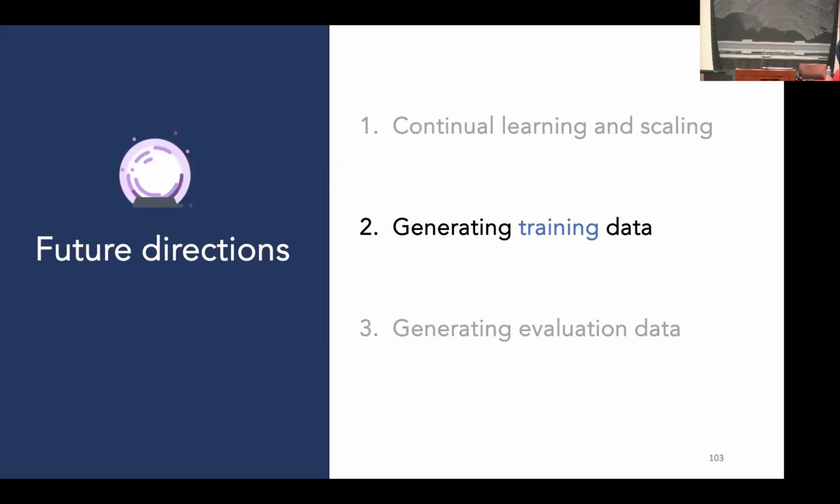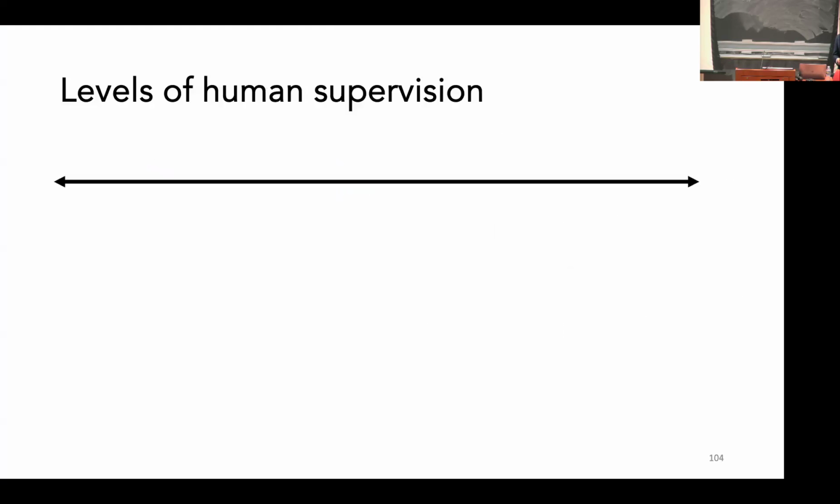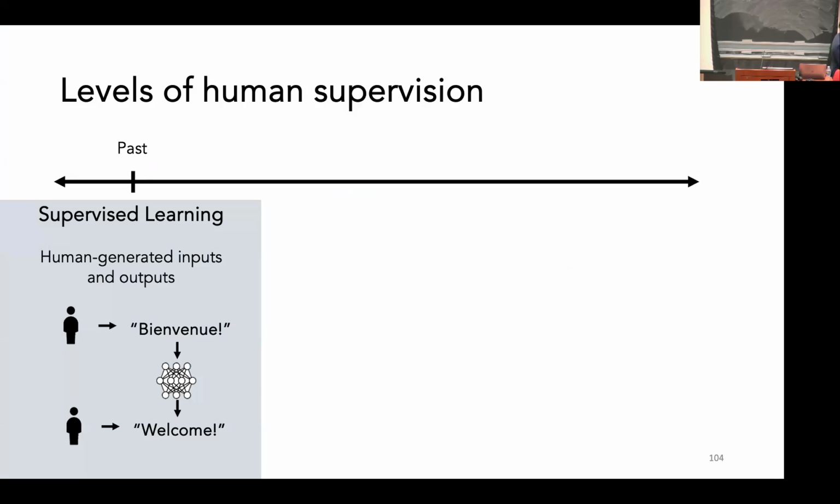And this brings me to my second direction in generating training data. And I'll introduce this first by talking about the levels of human supervision over time in machine learning. So in the past, we depended a lot on supervised learning, where humans generate both the inputs and the outputs for the model.